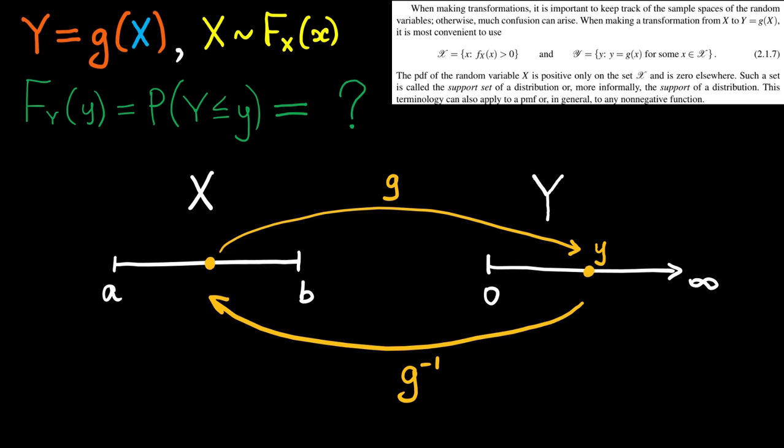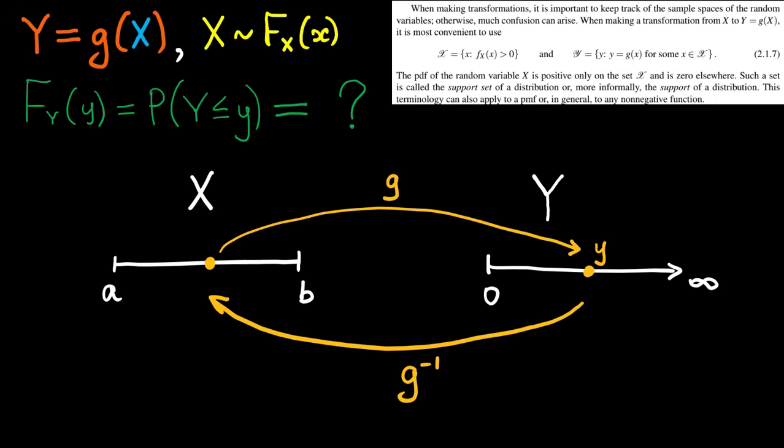Now the support of random variable y, denoted with that capital cursive y, consists of all the values lowercase y such that there is at least one value lowercase x in the support of random variable x that maps there. Therefore, by definition, there is no value in the support of y that cannot be mapped back to a value in the support of x.